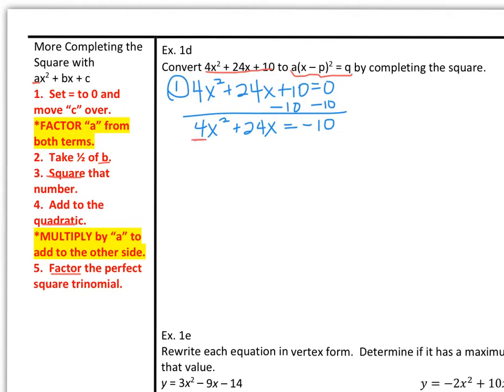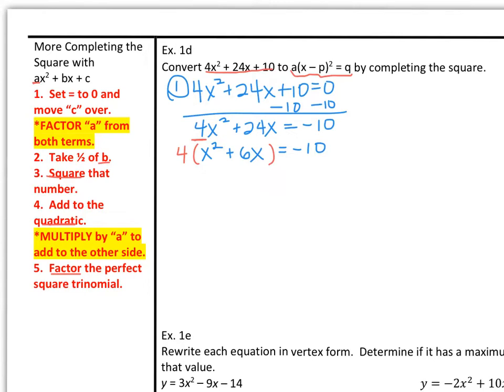That means whatever that number is, whether it goes into both of those terms or not, has to be factored out. If we factor out a 4 from both terms, 4 goes into 4x squared, we'd have x squared left over, and 4 goes into 24 6 times, so we would have 6x left over. And that's the new part of step 1.